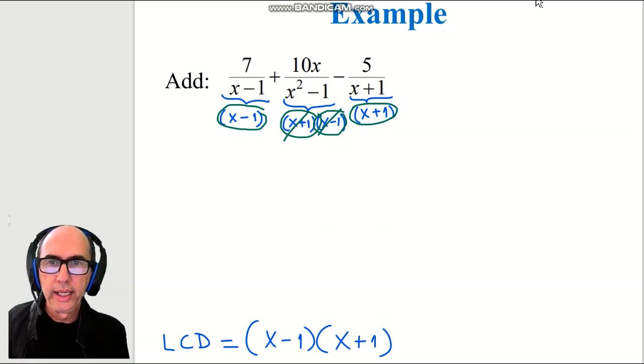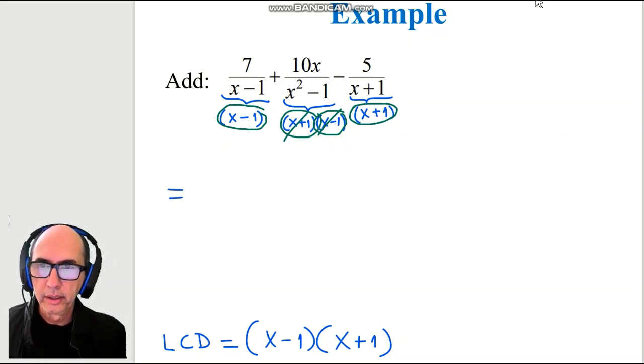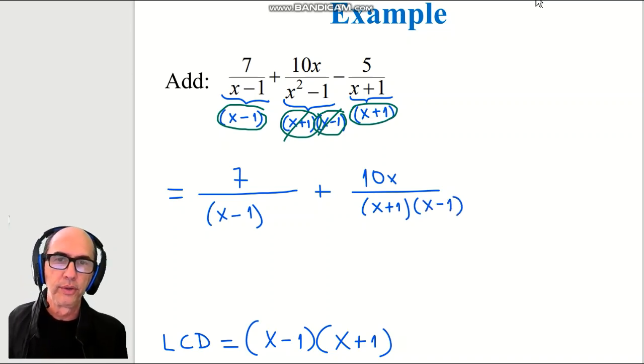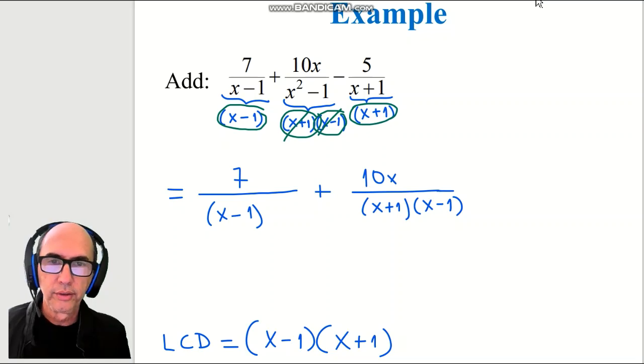I will repeat this expression here on the bottom, giving some space because we will complete it with the missing factors. Instead of x squared minus 1, I'm going to write down the result of the factorization, breaking it down, x plus 1. Nice.